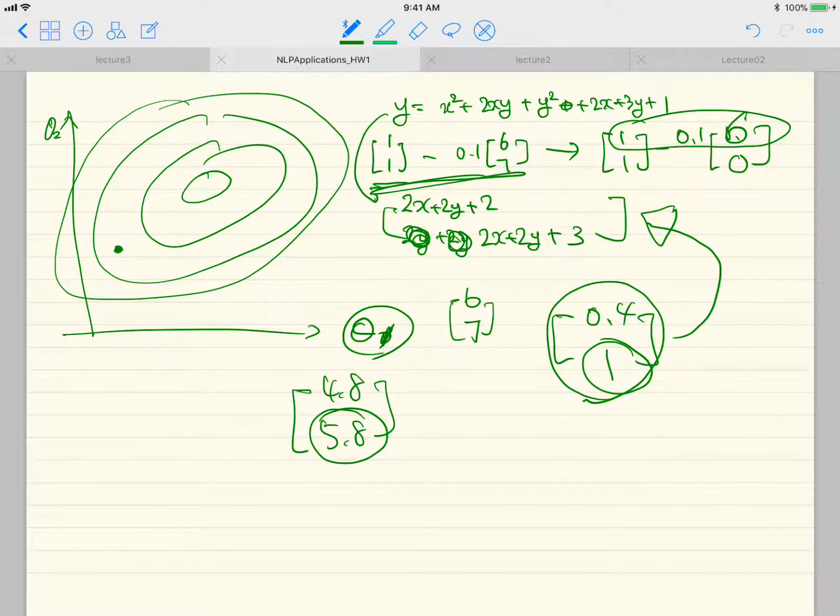And then we take turns among these coordinates, okay? So this one is called coordinate descent, but this one is not a correct optimization technique. So you shouldn't do that, okay?